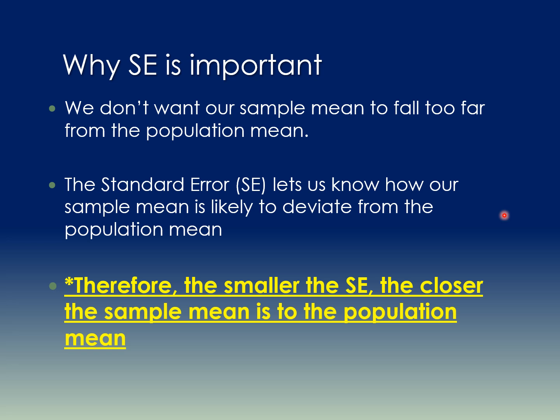But for us and our basic scaffolding of knowledge of statistics, so we don't get lost, we don't get bucked off the hayride here, the standard error lets us know how likely the sample mean is to deviate from the population mean. And the smaller the standard error is, the closer our sample mean is to the population mean.